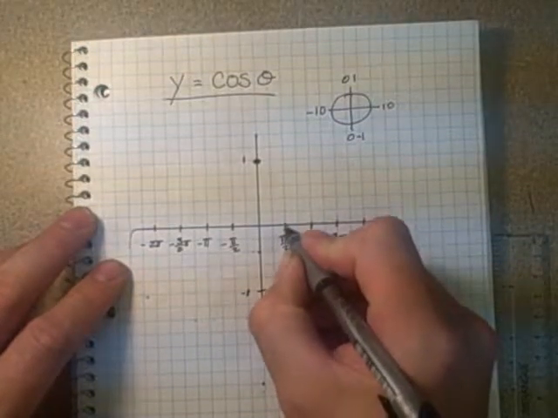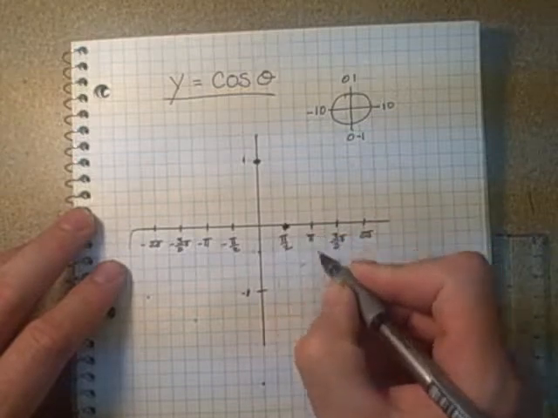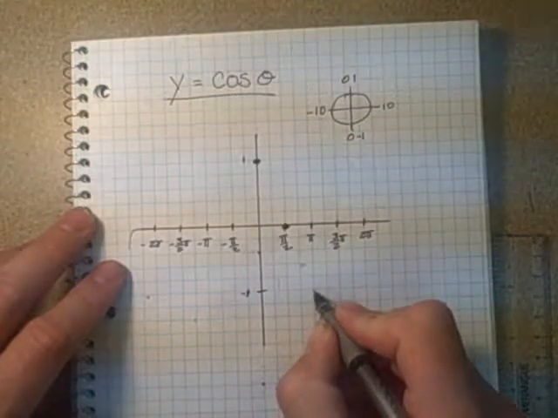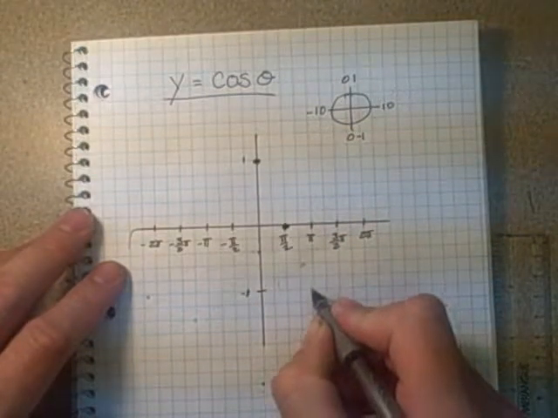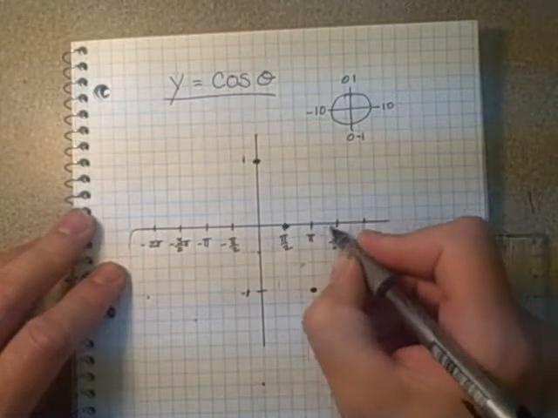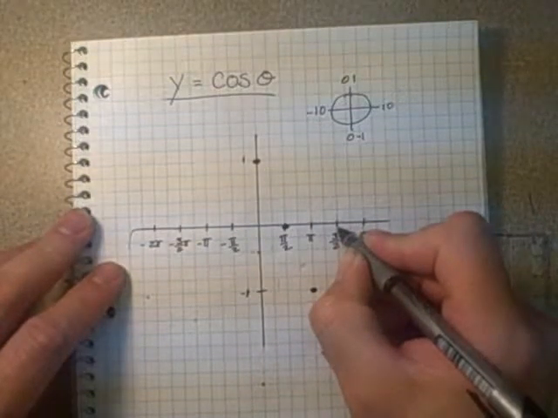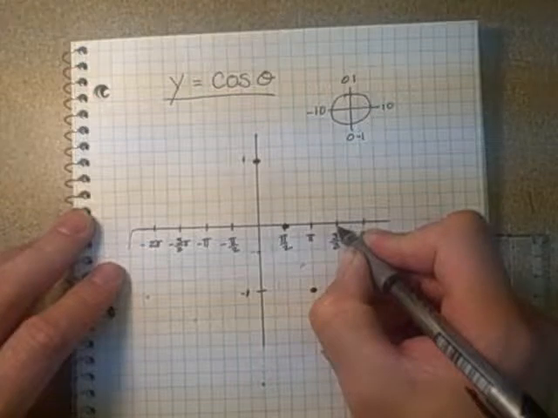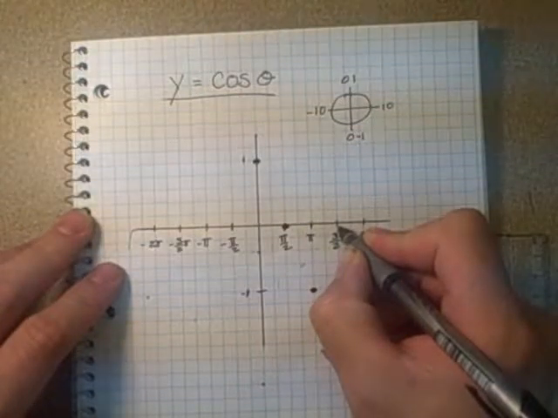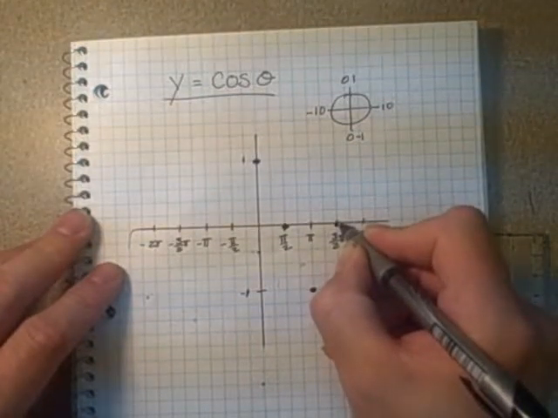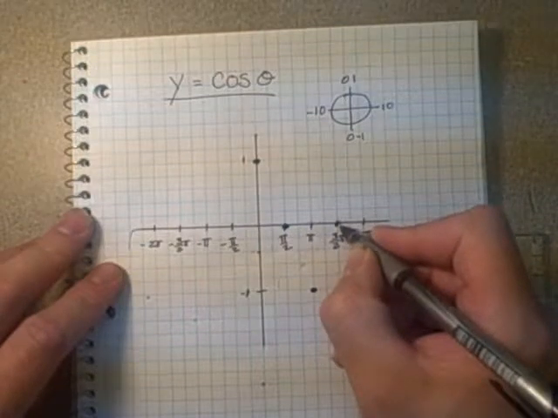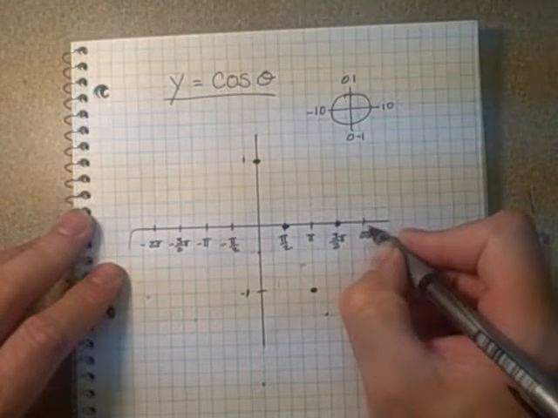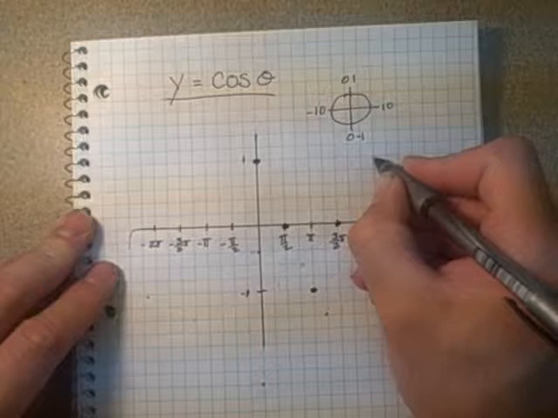So it comes down to here. Then at pi radians, it's negative 1 right here. And then up here, again it's going to be 0 at 3 pi over 2 radians, or 270 degrees if you like. And then finally at 0 degrees, or 360 degrees, it comes back up to here again.